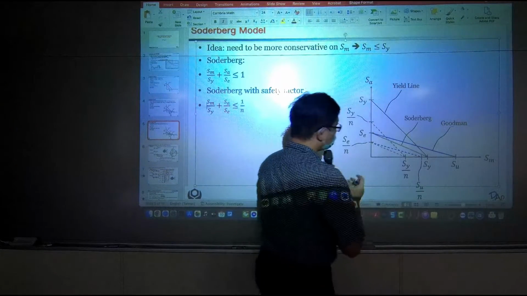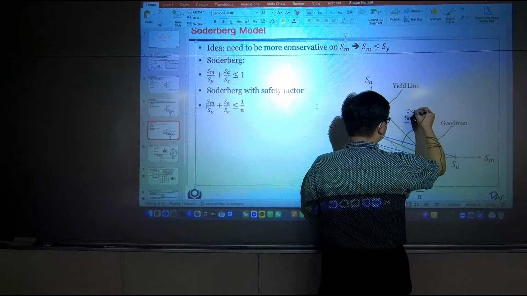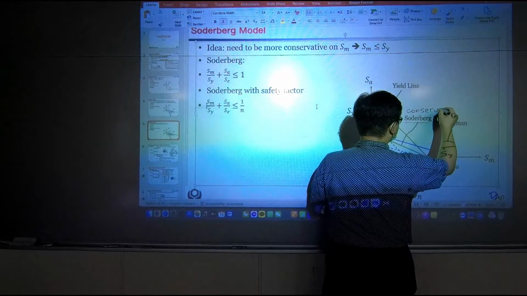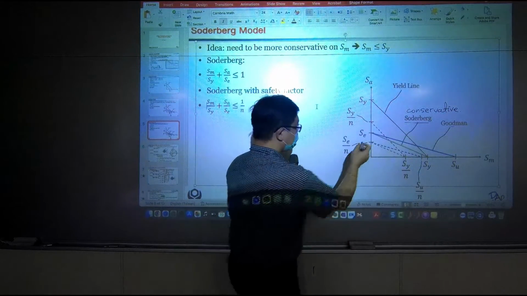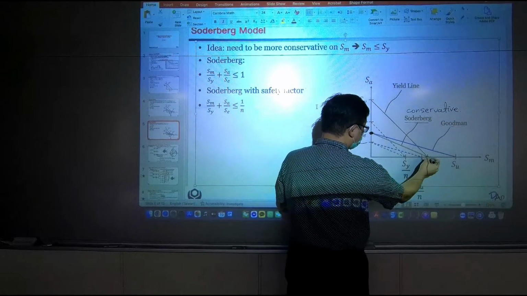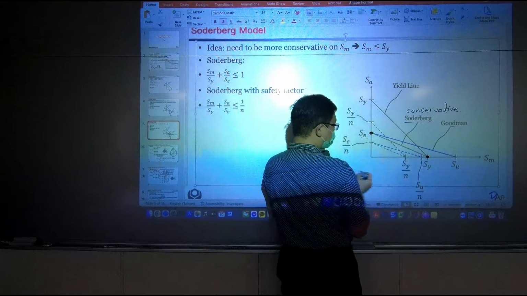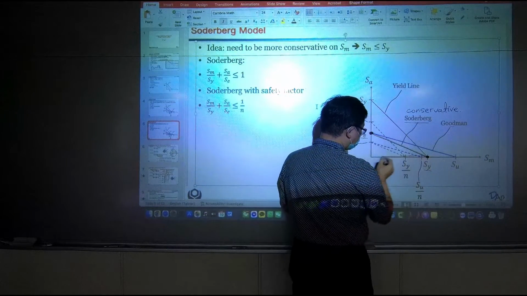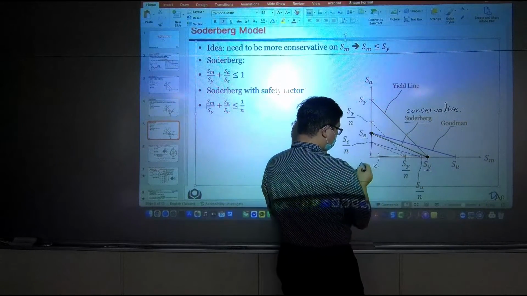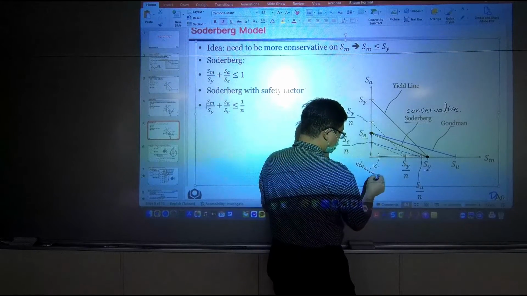The most conservative design is Soderberg. It's a straight line between your endurance limit and the yield strength. And your design space is the smallest. This is your design space.